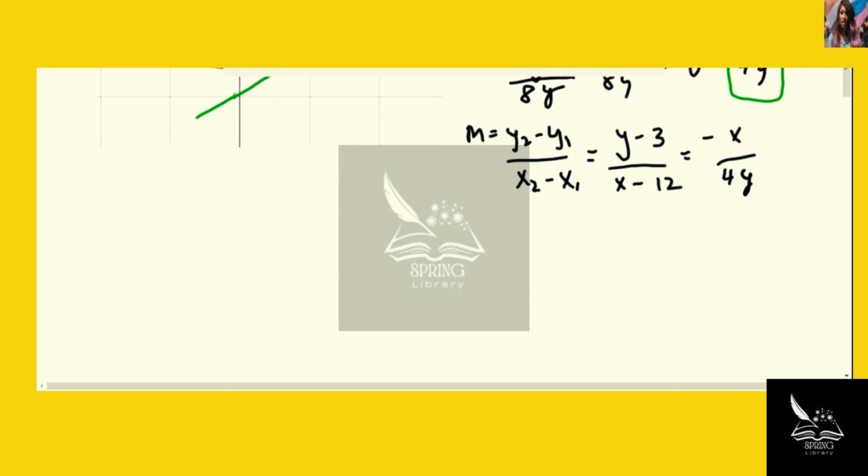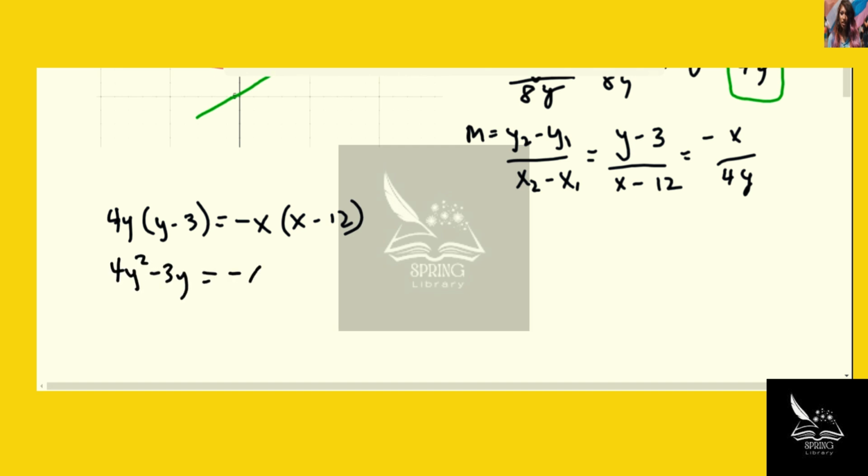And now what we can do is cross multiply here, because I have two expressions that are fractions set equal. And we wind up getting 4y times y minus 3 equals negative x times x minus 12. So this is 4y squared minus 3y equals negative x squared plus 12x.